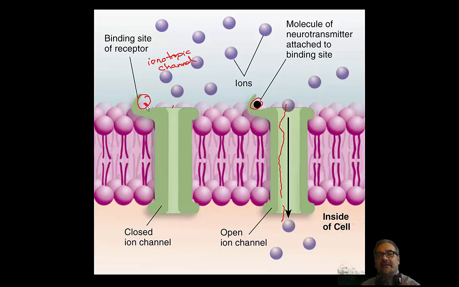The neurotransmitter itself changes the protein structure, making it turn and twist so that it allows the ions to seep into or rush into, sometimes like sodium would rush into the cell.